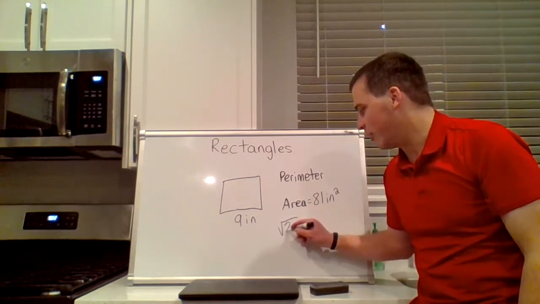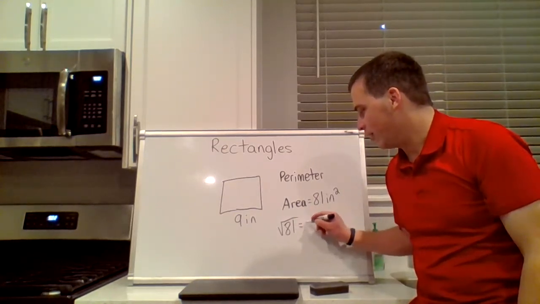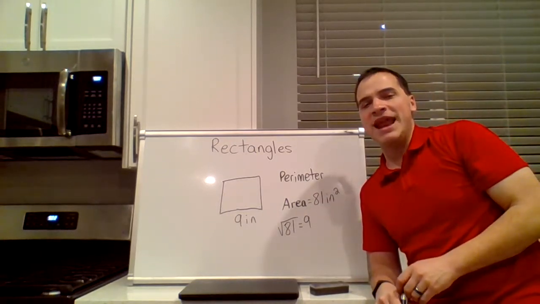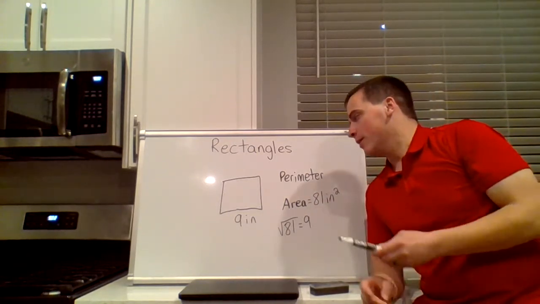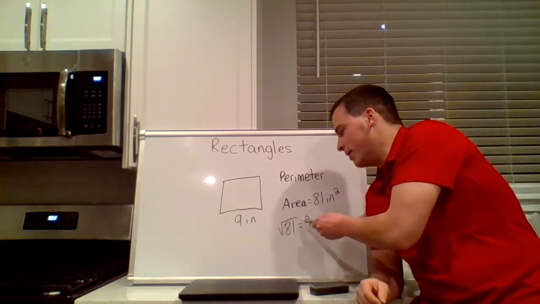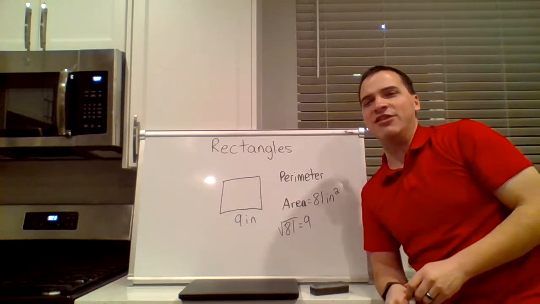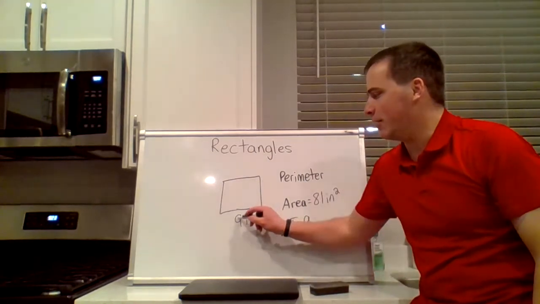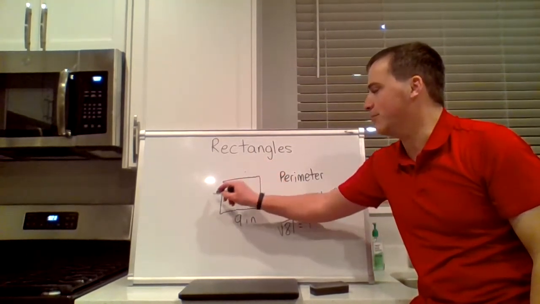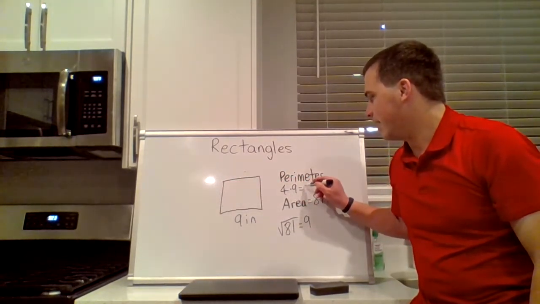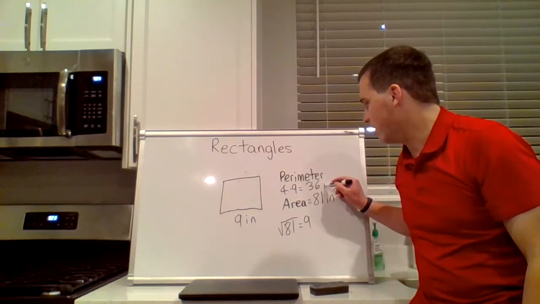Square root of 81 equals 9. You'll find out a lot more about that next year in 8th grade math. Regardless, what it means is what number times itself is 81. So if the side length is 9 inches, then once again, to find the perimeter, 9 plus 9 plus 9 plus 9, or 4 times 9. That gives you 36 inches.